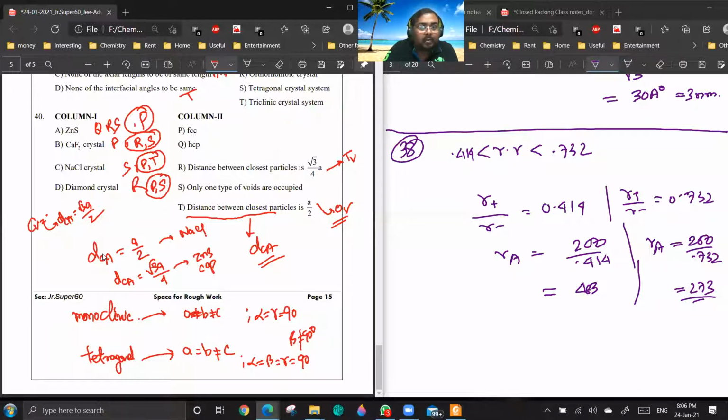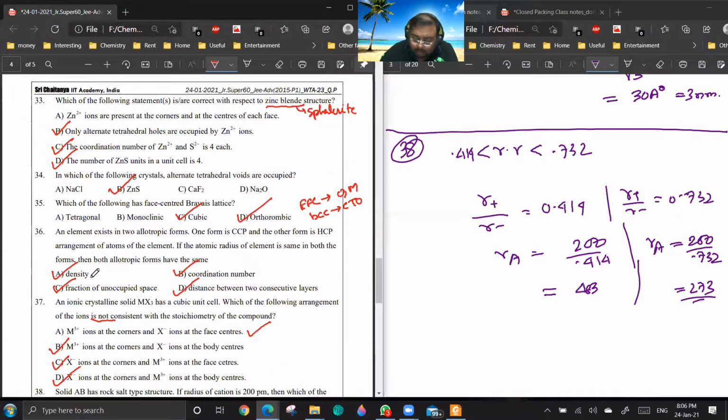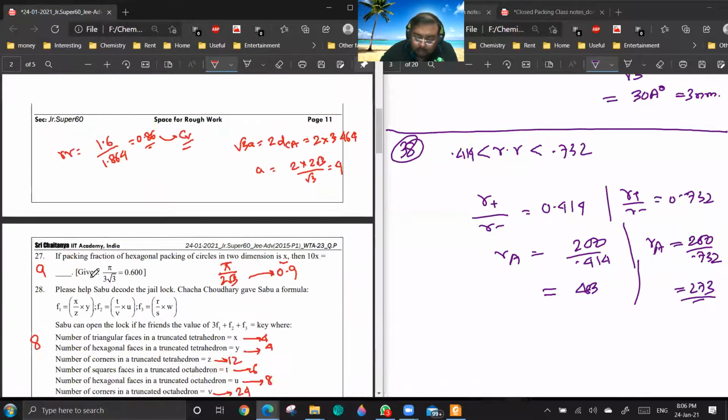P is also correct because it is FCC, and S is also correct because only tetrahedral voids are occupied. Is it clear? So these are the only key changes. Other than that, I don't think there is any other key change in this work.